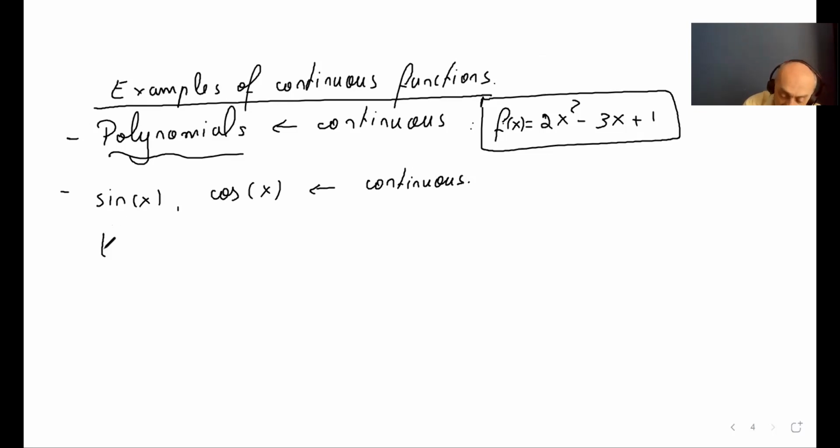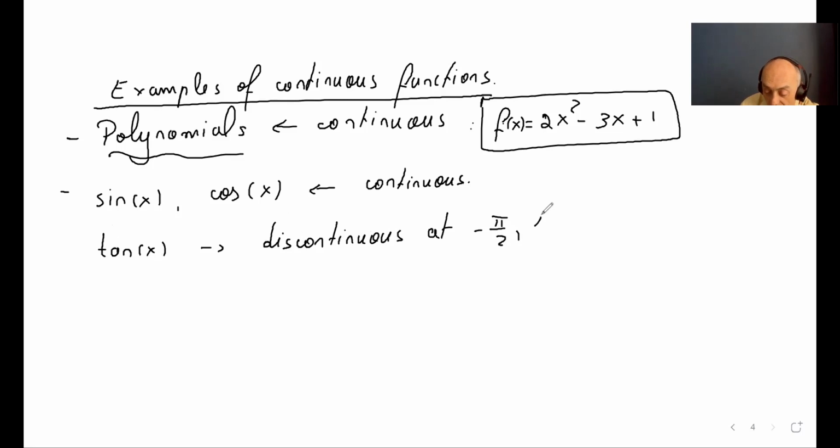However, tangent x is discontinuous at points like negative pi over 2, pi over 2, negative 3 pi over 2, 3 pi over 2, so plus minus pi over 2 plus a multiple of pi.